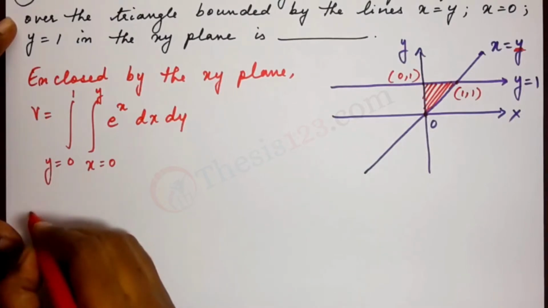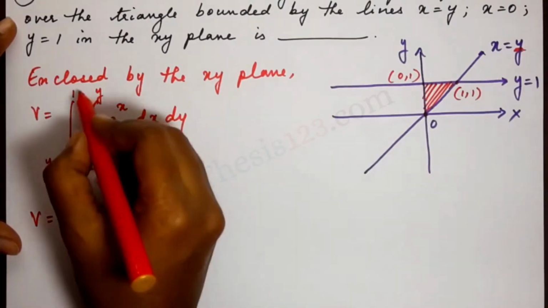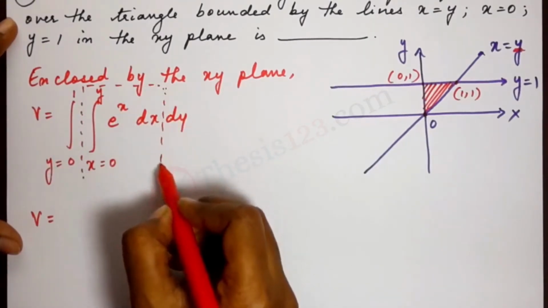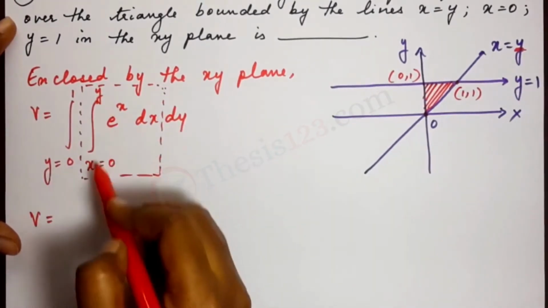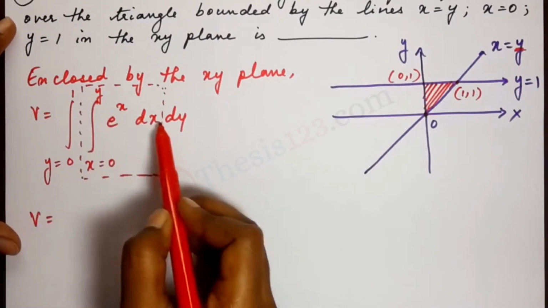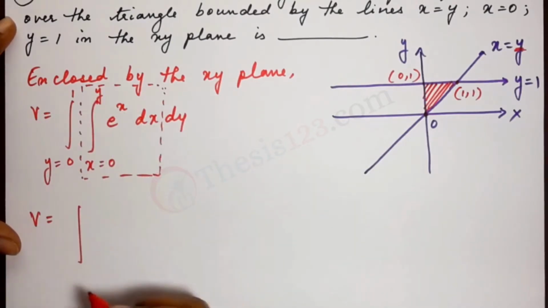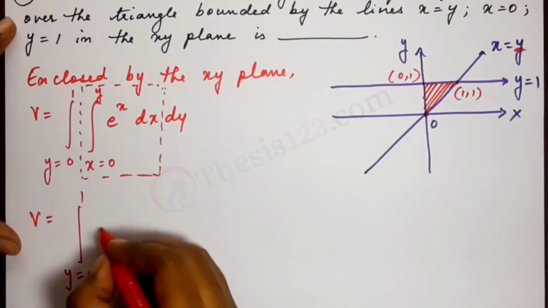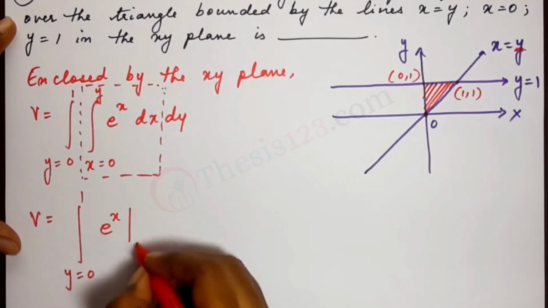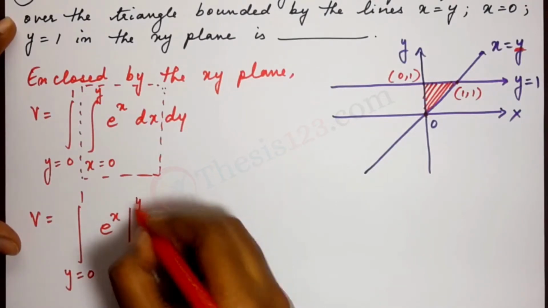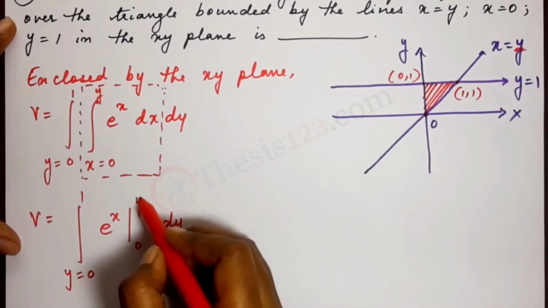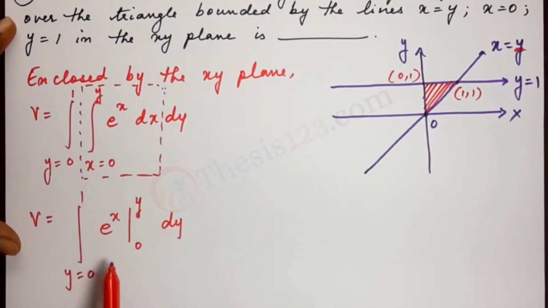So let's start by working out the inner integral of the function here. Integral x equals 0 to y of e^x dx. So we would have y equals 0 to 1 of [e^x] from 0 to y dy. All we have done here, the very first step, is to integrate with respect to x.